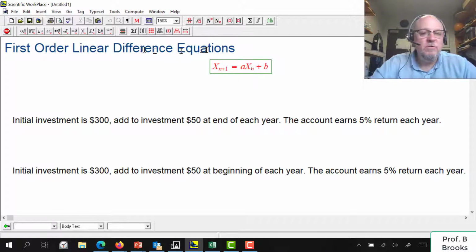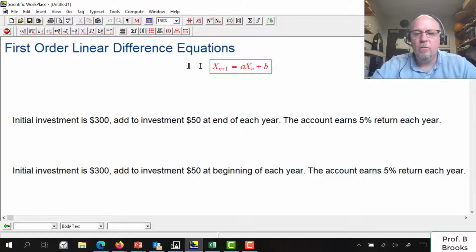So equation, because it's an equation, left side equals right side. Difference equation, as opposed to differential equation, or, well, they're related, but in a difference equation we've got the next value is a function, in this case a linear function, of the previous value before it.